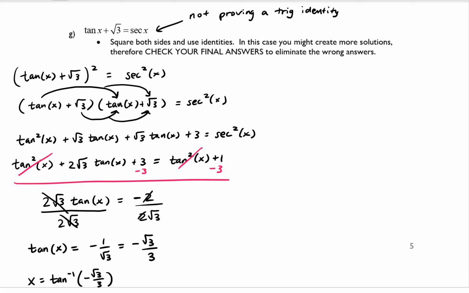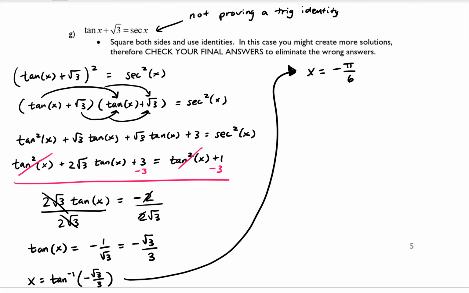And this is actually one of the values that we get from one of the common angles on our unit circle. So I'm going to come up here, and tan inverse of negative root 3 over 3 is equal to negative pi over 6.